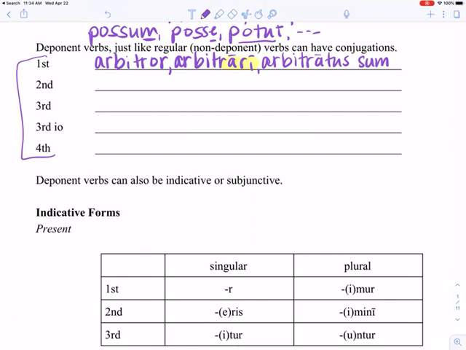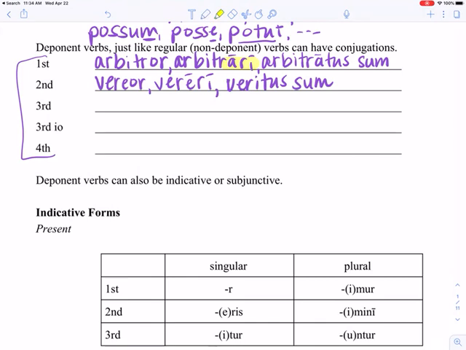Second conjugation would be like this word, vereor, vereri, that's a mouthful, and veritus sum.